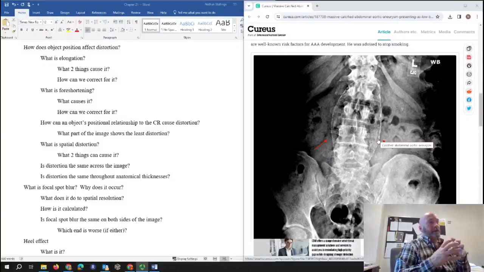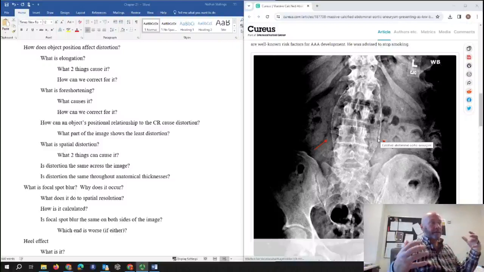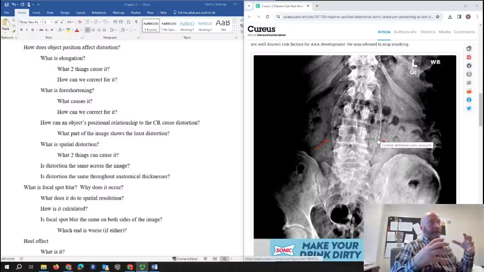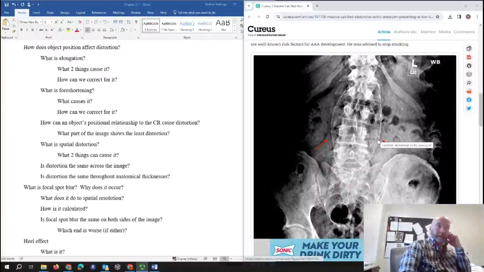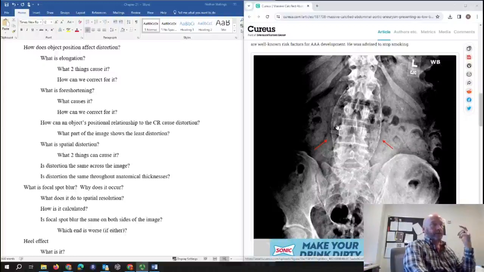An aneurysm is just a bulging in an artery, and the body tries to protect itself by putting calcium into the stretched out portion of the artery. That's all the aneurysm is, a big artery, and the calcium provides some degree of stability. So we should not see the aorta on a KUB, but we do here because the aneurysm is stretched out.